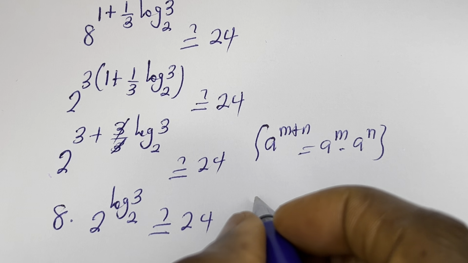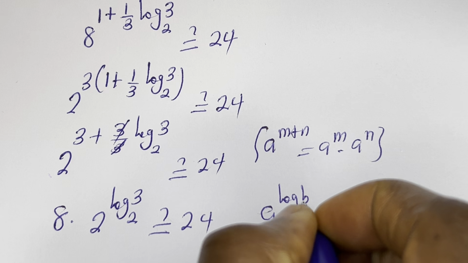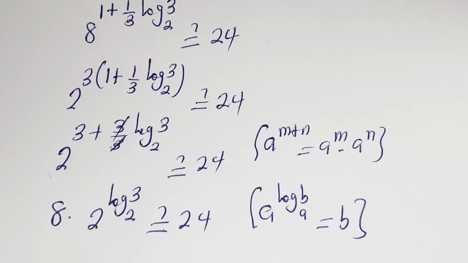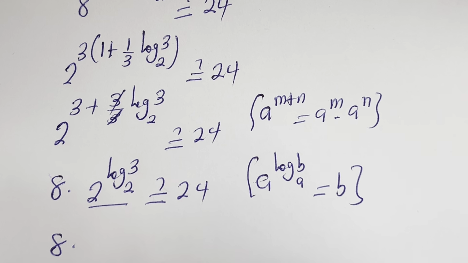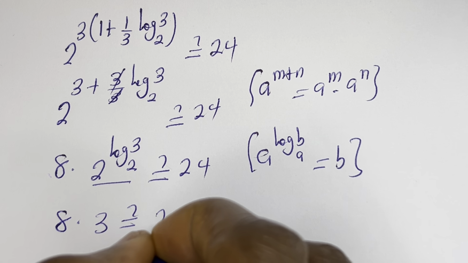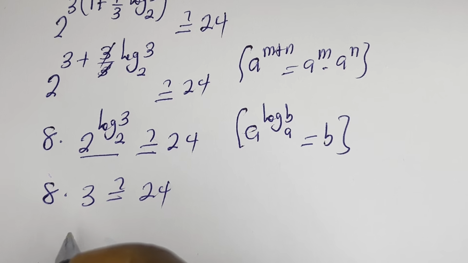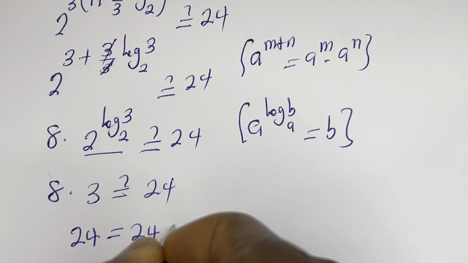Then take note of this, that if you have a to the power of log b base a, this is equal to b. Here we have 8 multiplied by the whole of this is 3 must be equal to 24. Now 8 times 3, this is 24, is equal to 24, which is true.